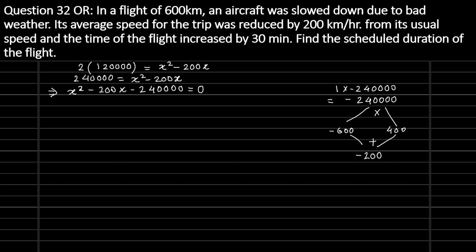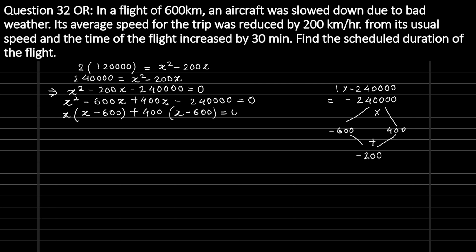Now let's simplify it. We write minus 200x as minus 600x plus 400x minus 2,40,000 equal to 0. Taking x common, we get x into x minus 600, and taking plus 400 common, we get x minus 600 inside the brackets. This gives us two factors, x plus 400 and x minus 600, equal to 0.